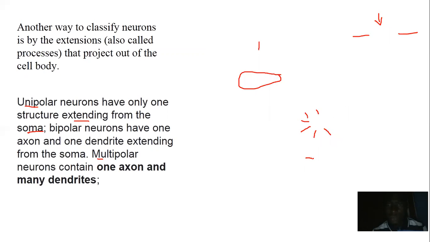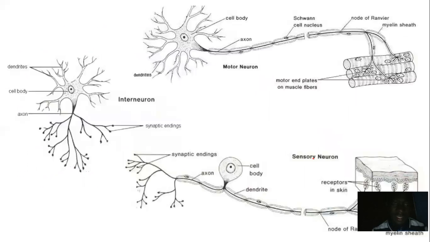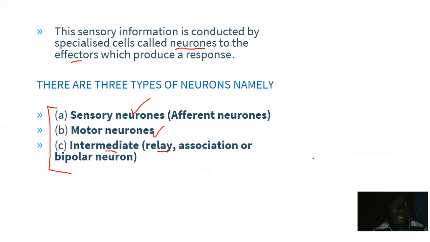Now, we need to understand the three types of neurons as we study at A level. These are the ones that we focus on. For us, we don't use the other classification of multipolar, unipolar, bipolar. No, okay? So for us, we study them as sensory if they pick impulses from the environment.